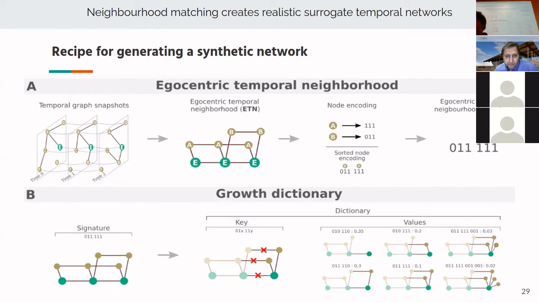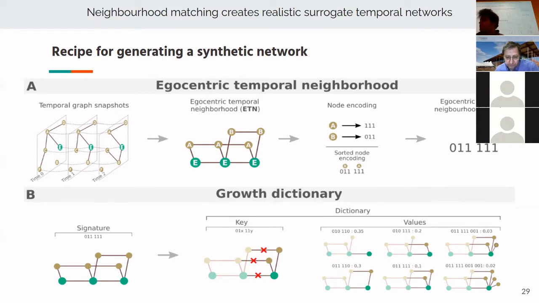So for instance, we have 0111111 that becomes 01X11Y. And we can use this as a key of a dictionary. And as a value, we have all possible one-step extensions with their probabilities, because since we are counting them in the original graph, we can just count these probabilities.